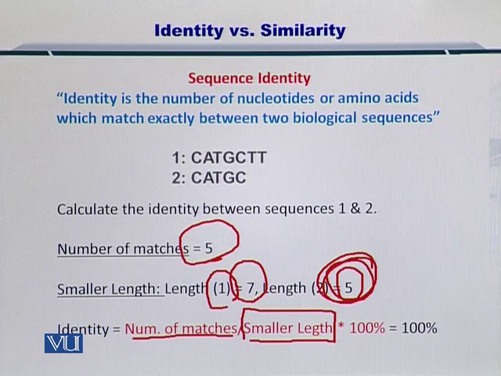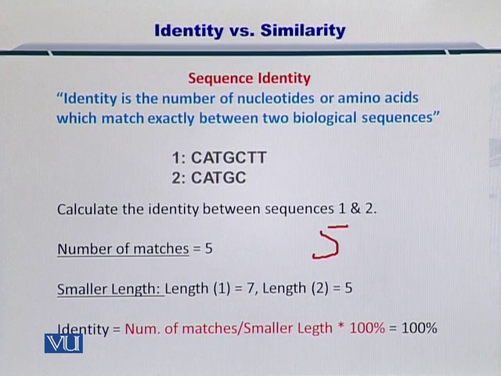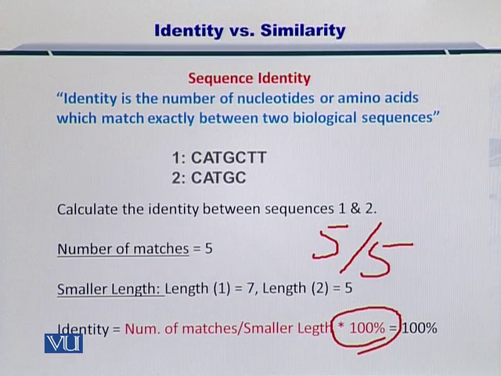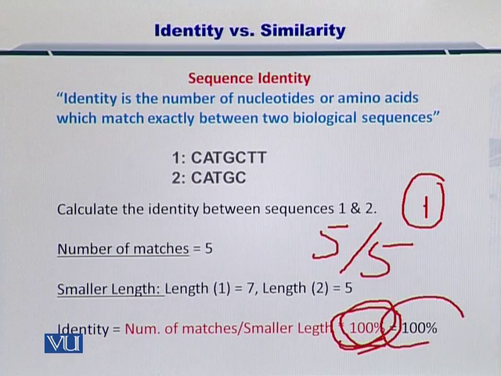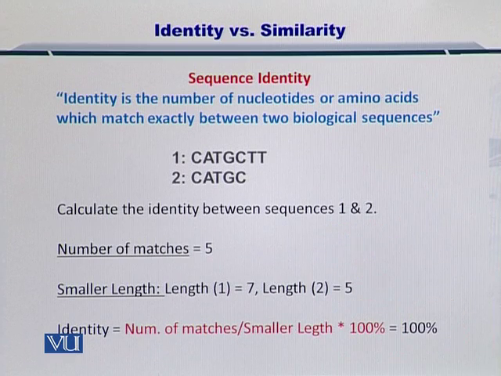So now you have 5 over 5, and you have to convert it into a percent. So 5 over 5 is 1, and 1 times 100% is 100%. So if you want to talk about the identity of these two sequences, they are 100% identical.